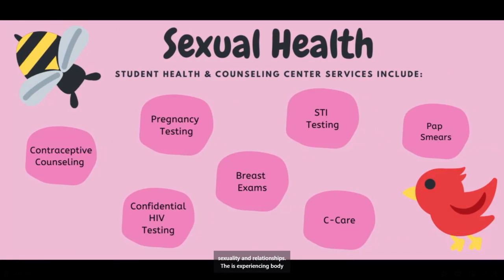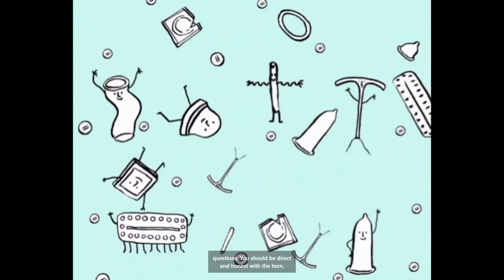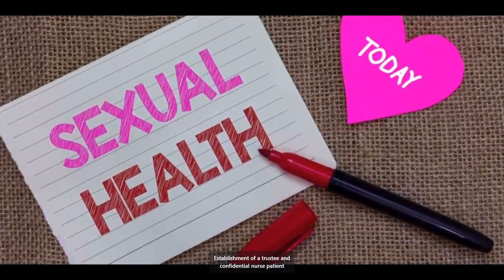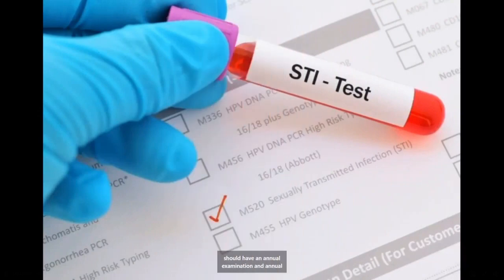The adolescent is experiencing body changes, self-identity, exploration, and relationship questions. You should be direct and honest with the teen. Establishment of a trusting and confidential nurse-patient relationship is vital. Sexually active adolescent females should have an annual examination and annual screening for sexually transmitted infections.